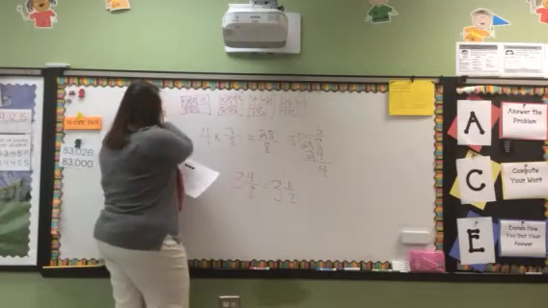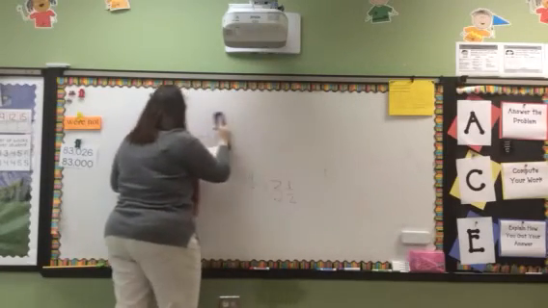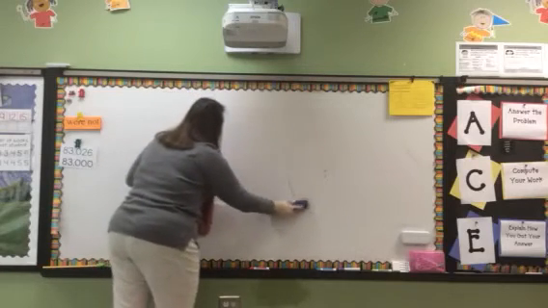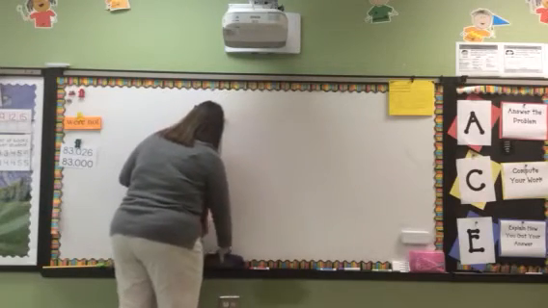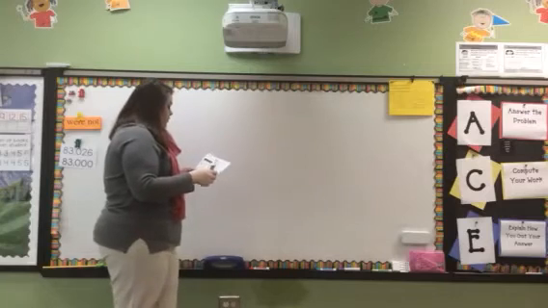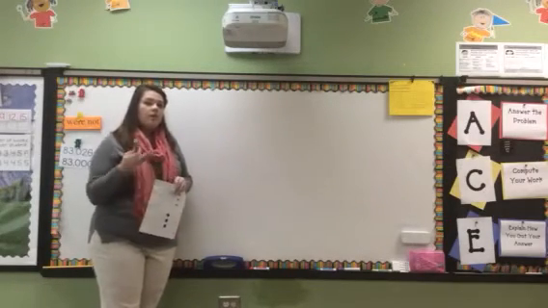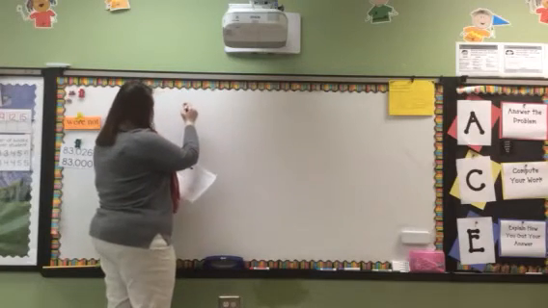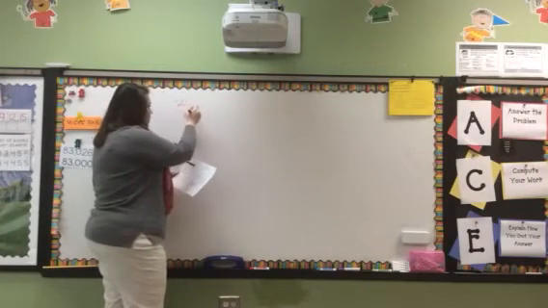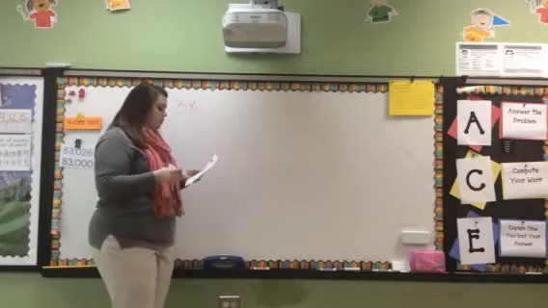Alright, question number 19 asks you to write your own word problem that matches the equation. And for you to start, you have to know what the equation would be. So first you have to count how many wholes do I have. And I have 3 wholes. And that's going to be multiplied by the fraction within each whole.